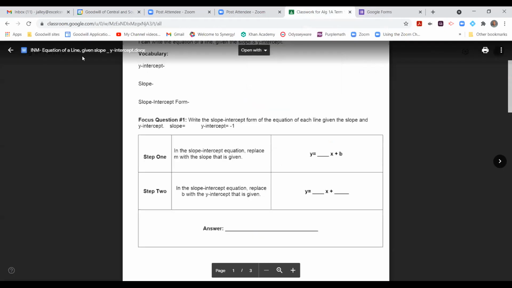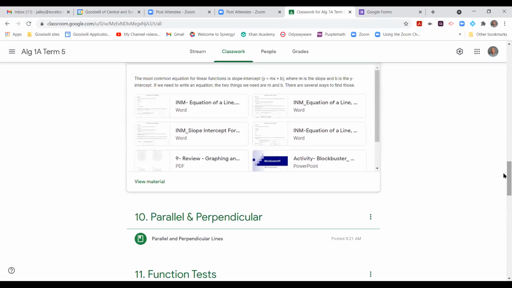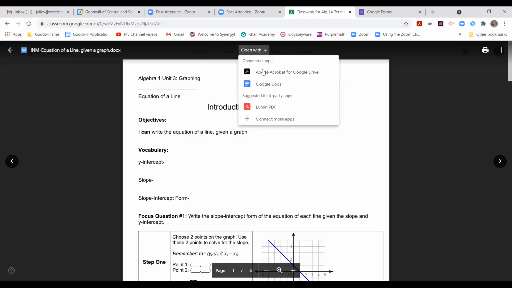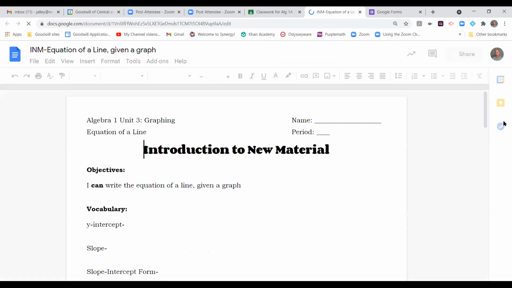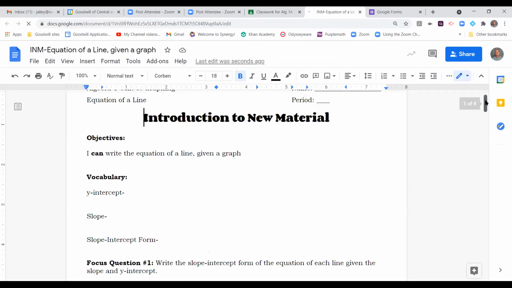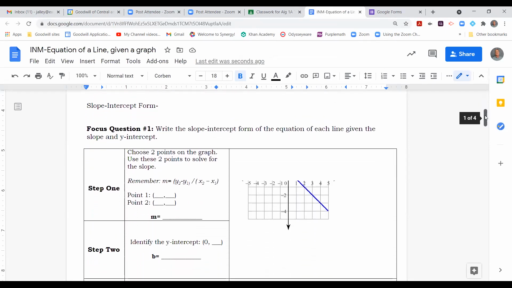So the second variety here is this one. Slope from a graph. This is the second easiest. Anybody want to guess why I say that's the second easiest?